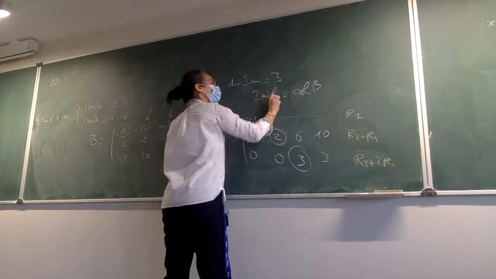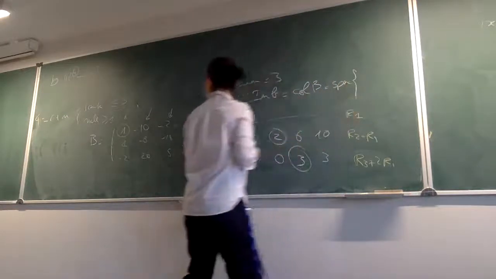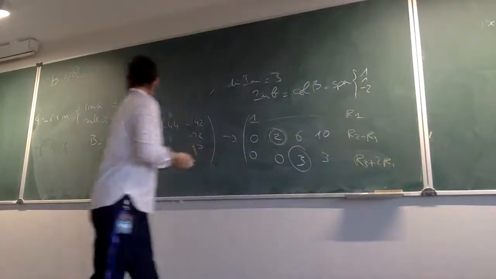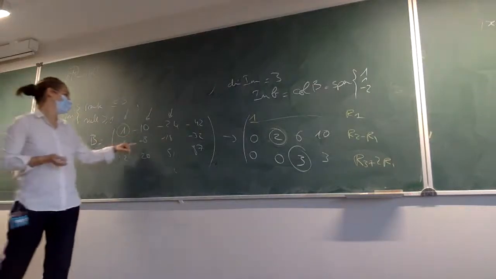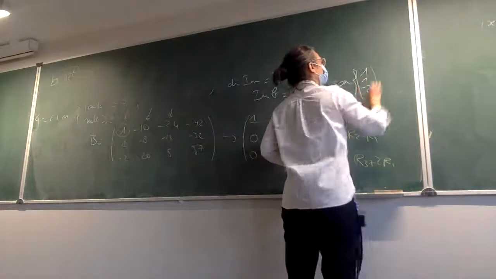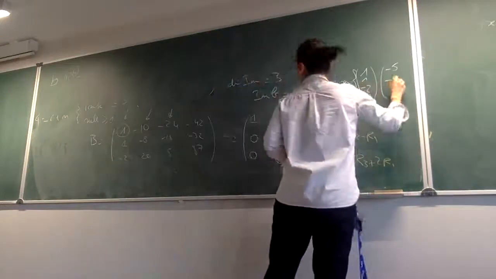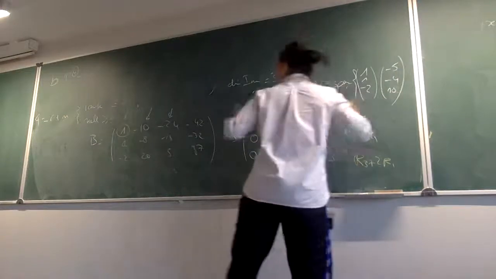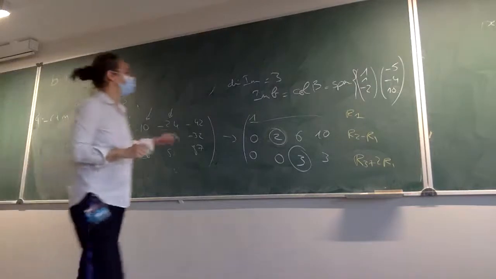The image of my map is the column space of V, and it's the span of 1, 1, negative 2. Maybe I can simplify this, dividing by at least 2. Minus 5, minus 4, and 10. And this one by 3, I guess.